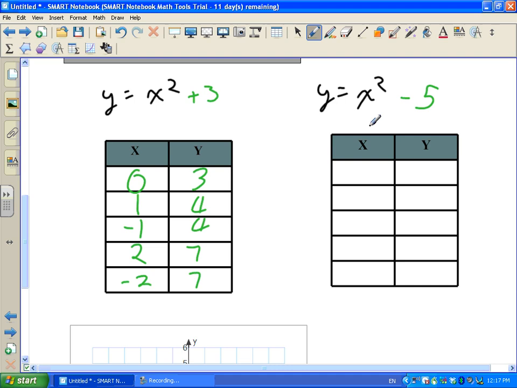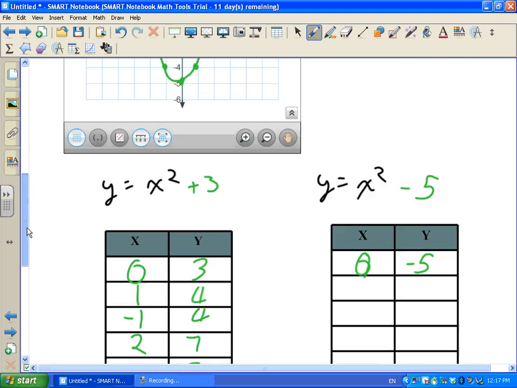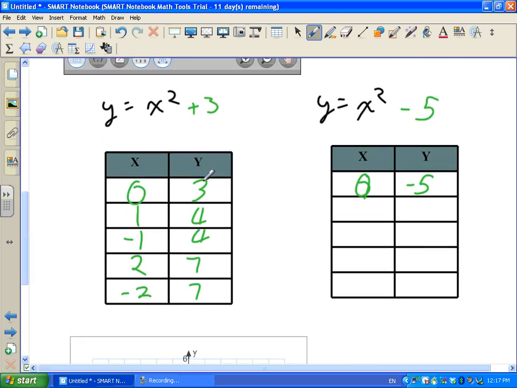We're going to do the same over here. When x is 0, what is the y value going to be? -5. If we take a look, we have a coordinate at 0 and -5. That's the vertex. I'm going to quickly fill out the other ones for you. This will be -4. Negative 4.